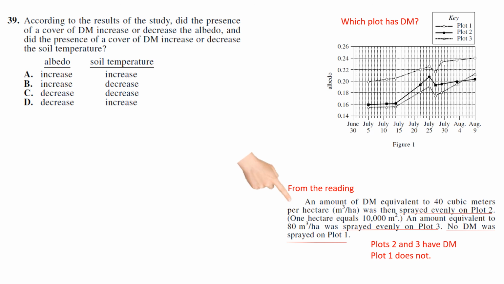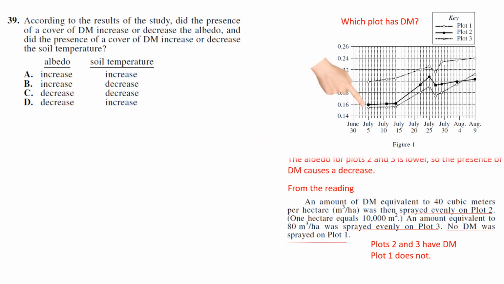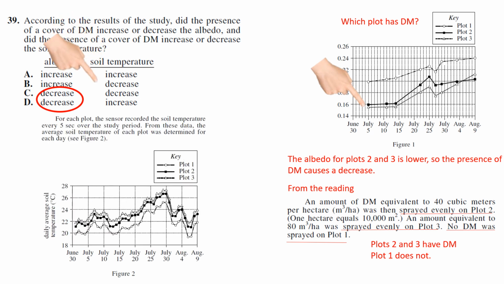So now we go back up and we see that plots 2 and 3 are lower than plot 1. So the presence of drilling mud caused a decrease in albedo. So we know the answer is C or D. Now we look at soil temperature, and we can compare plots 2 and 3 to plot 1 as well.